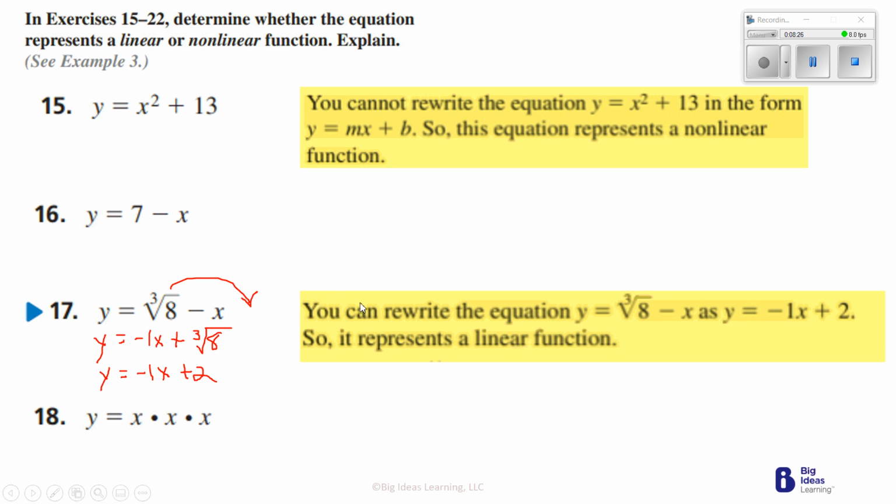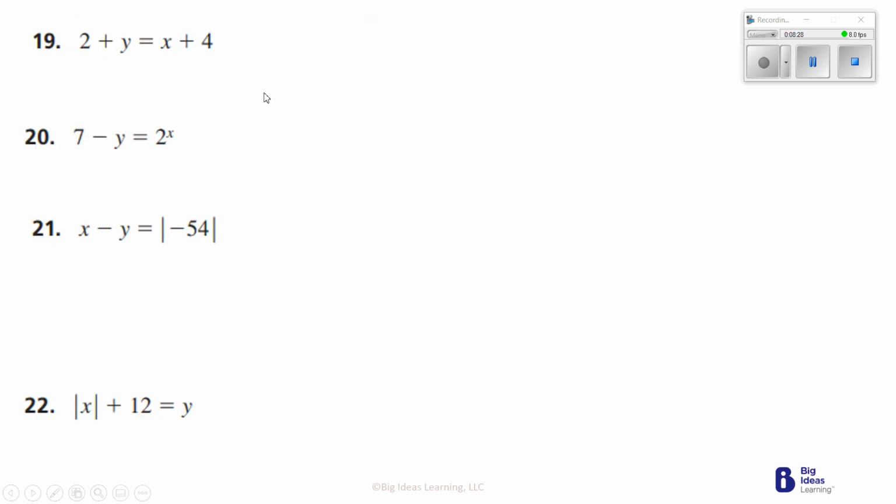18 is for you to do. 19 is for me. It says 2 plus y equals x plus 4. To work this problem, we want y over here, so we need to bring the number over.